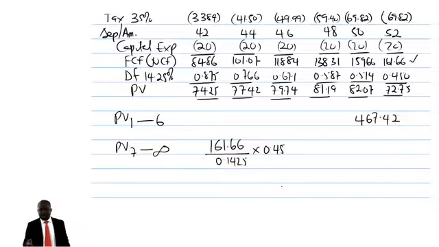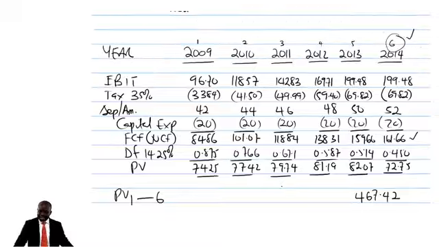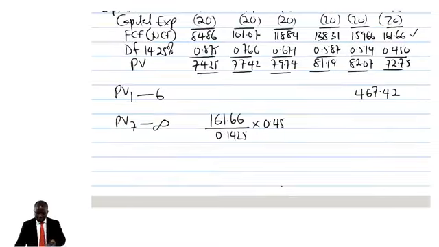If you look at what they did in your note, because they were projecting from year 6 up to infinity, they used the 2013 base rate, and that can only be done if it is constant. If it is not constant, the projection should be based on the 2014 figure. That's why I want you to do this.